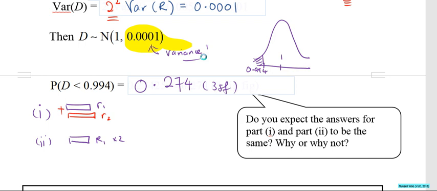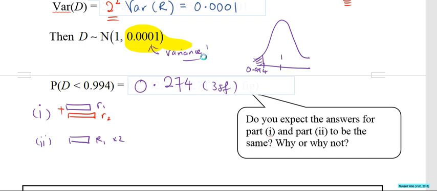Let's come back to the more important question now. The key is simple. Part 1, we are talking about picking one rod, measuring, you get a radius. Pick another rod, you get a radius, you measure. So it's actually R1 plus R2. Part 2, we are talking about one radius multiplied by 2.